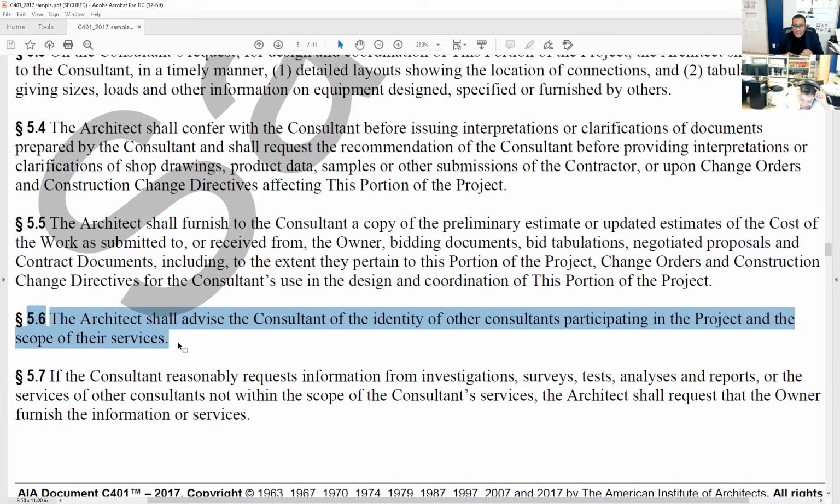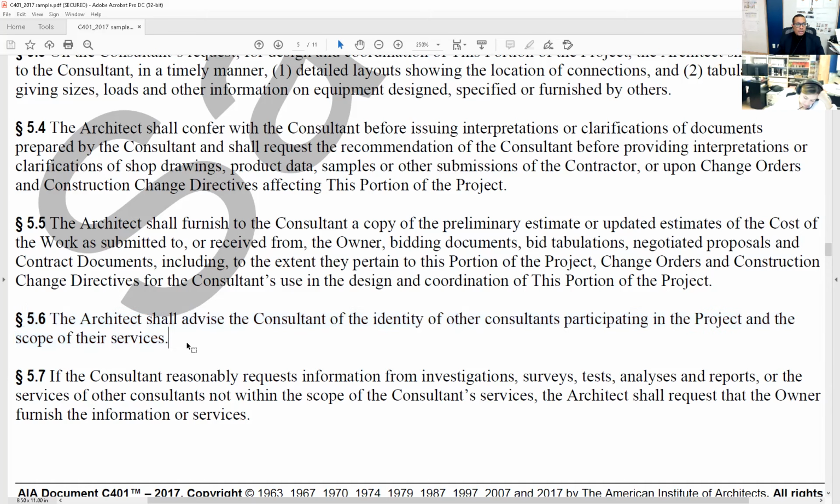So all of those guys have got to be in the loop, because if there is a special requirement by that other swimming pool engineer or consultant, they've got to know, because otherwise they'll be sizing the wrong pipe. It's really critical that the pipes and everything are thoroughly coordinated. So you state here anything special that's happening.